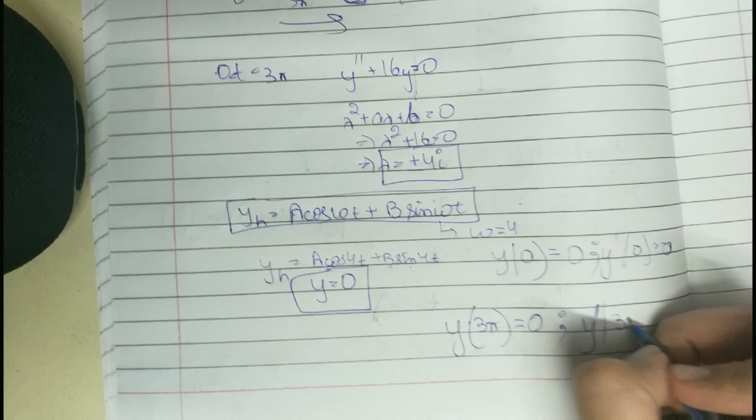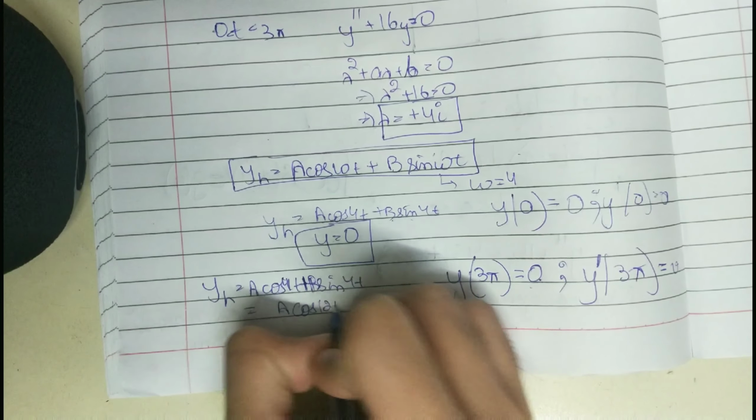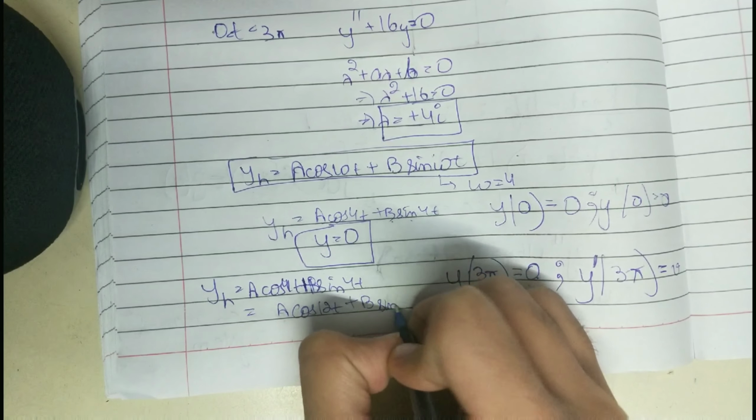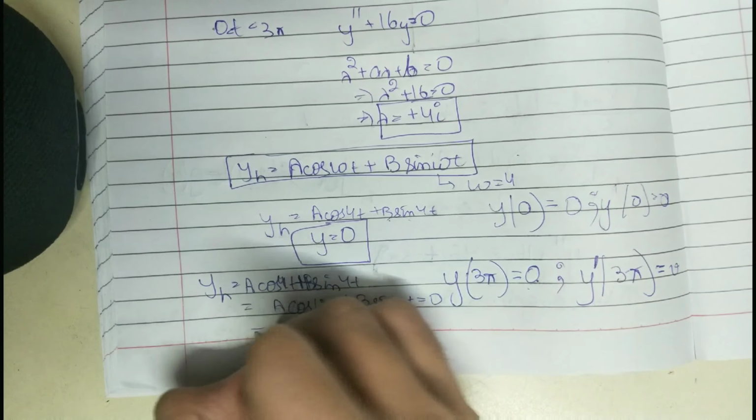So now if we have yh as a cos 4t plus b sine 4t, and we put t is equal to 3 pi, then it becomes a cos 12 pi plus b sine 12 pi, which corresponds to 0. So it gives a as 0, right? So what remains is that yh is of the form b sine 4t, right?